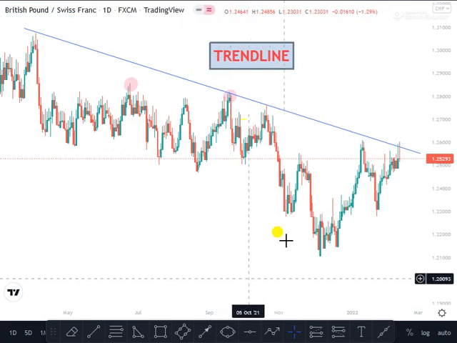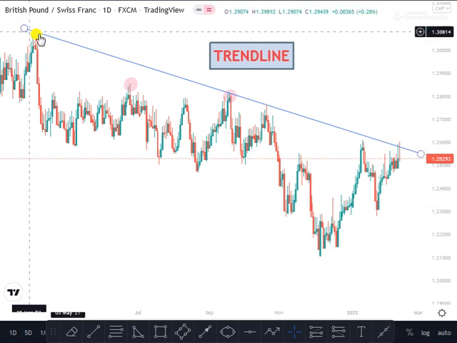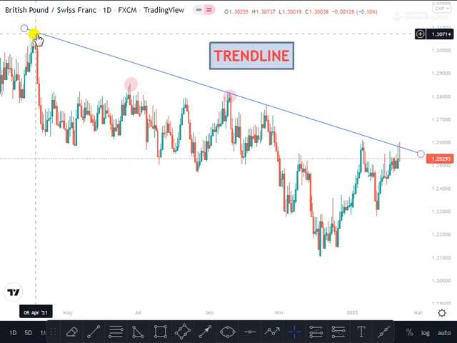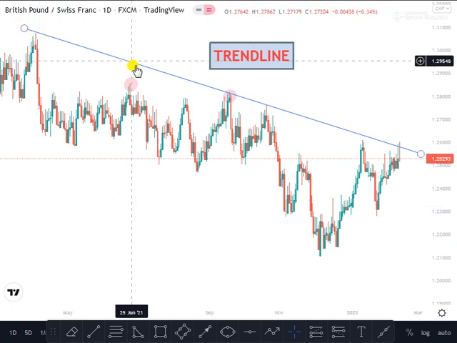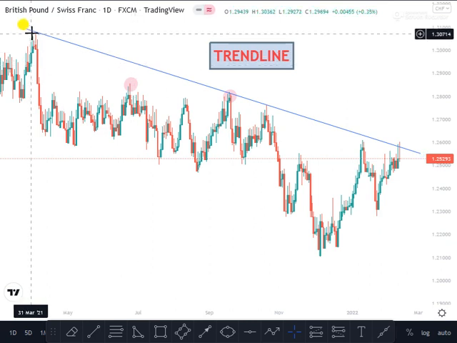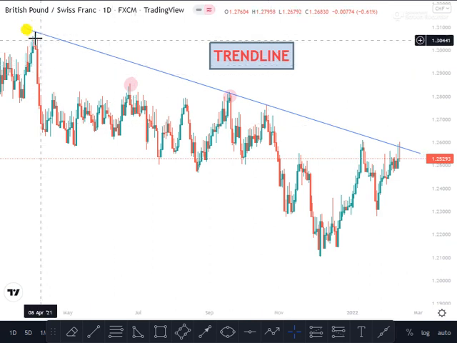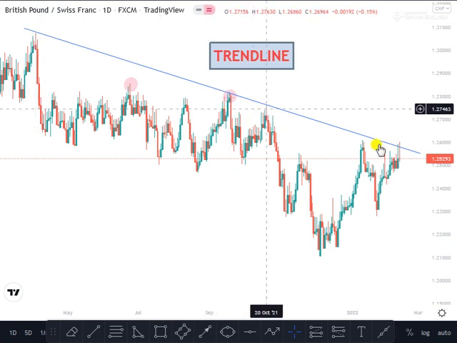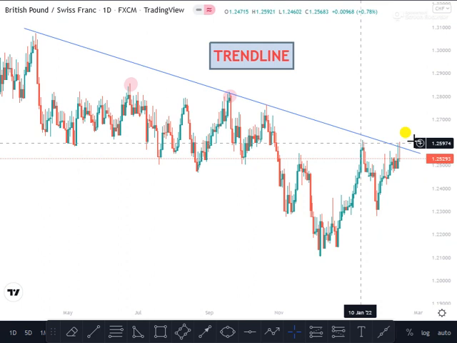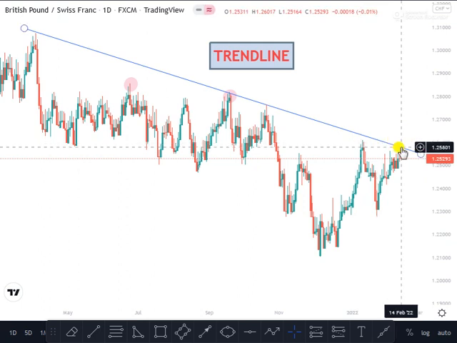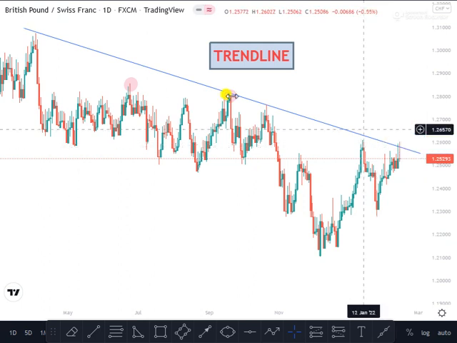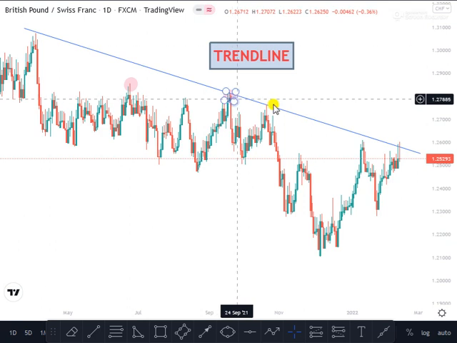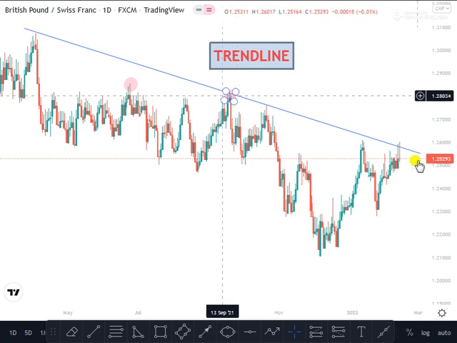All right, so you can see this is just a perfect example of what we're talking about. Okay, so this is a high. This high, higher low, higher low, higher low, higher lows.